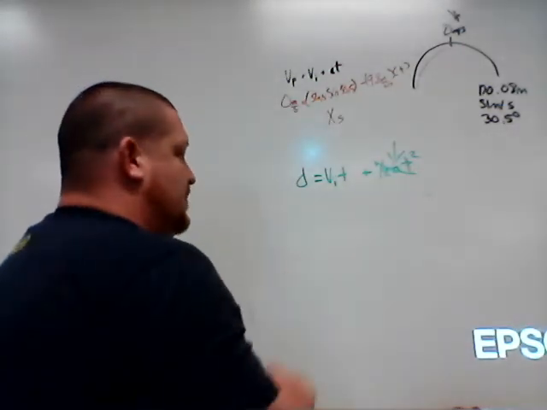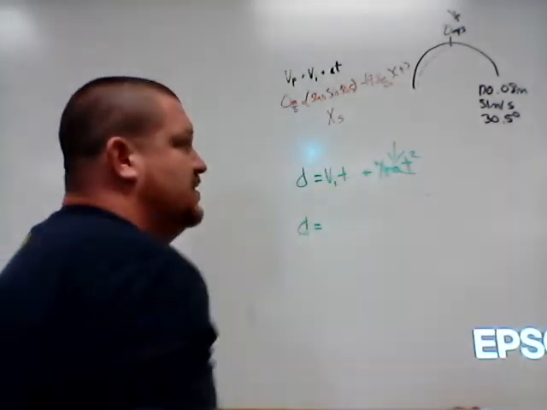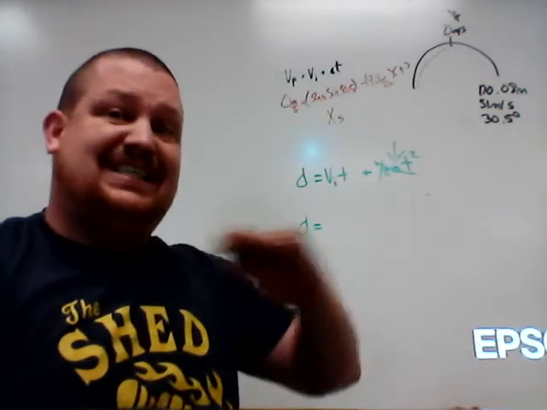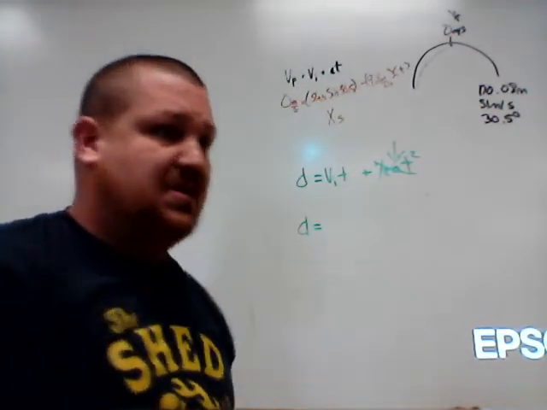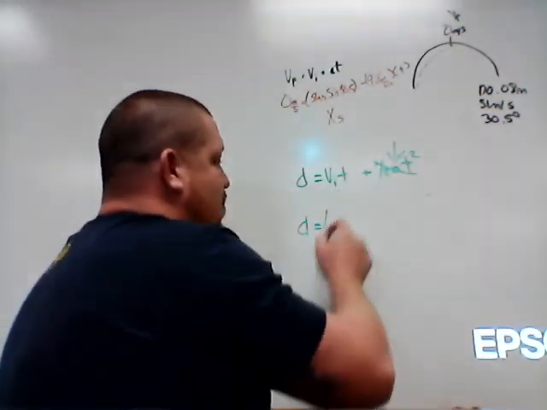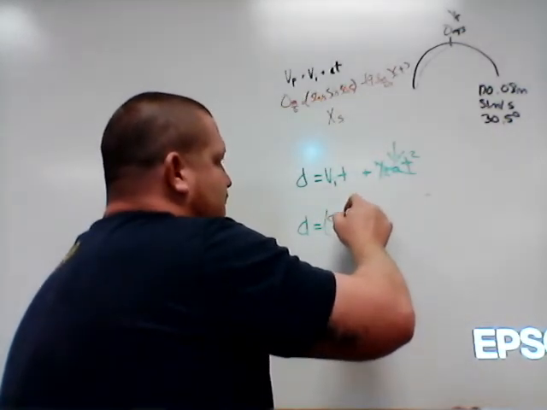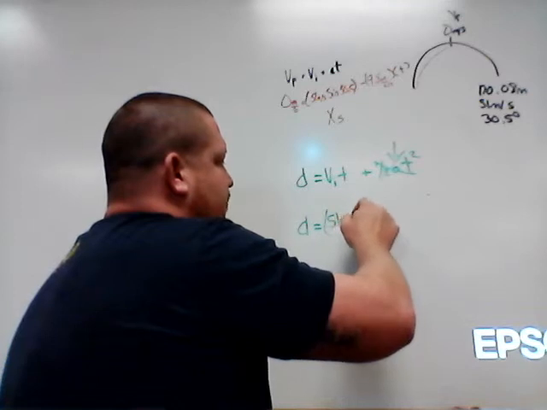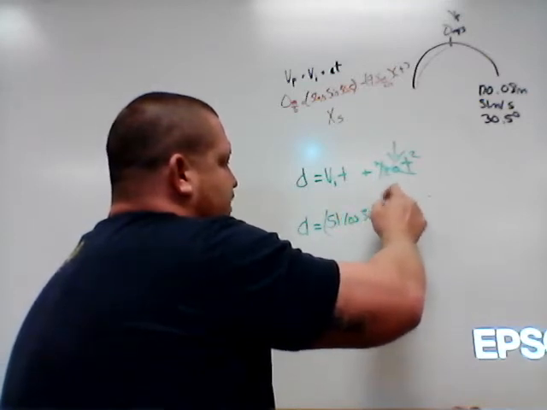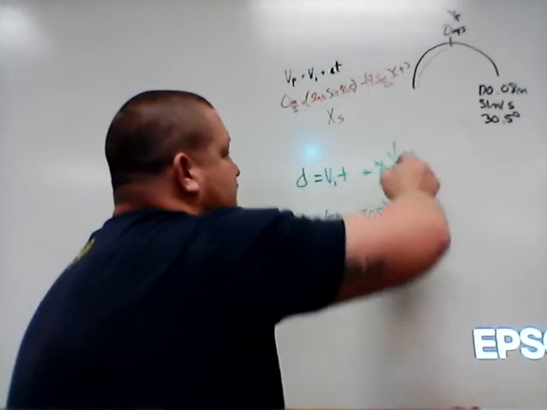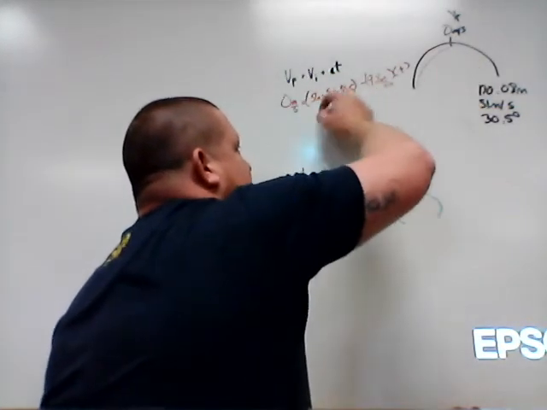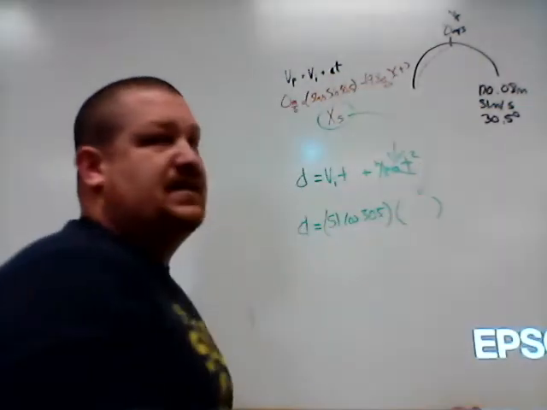So displacement equals your initial velocity. Now we're talking about change in x, horizontal. So for VI, we need our horizontal, which is 51 meters per second cosine 30.5 times t. So whatever you got for t goes in here.